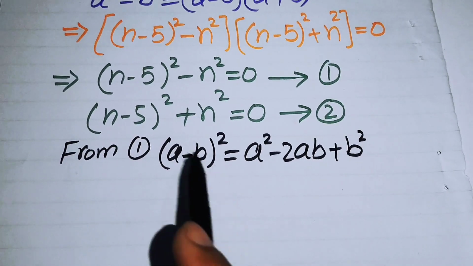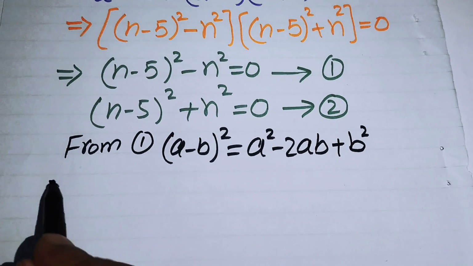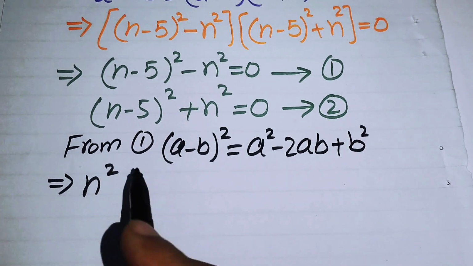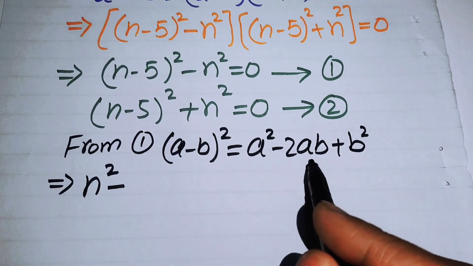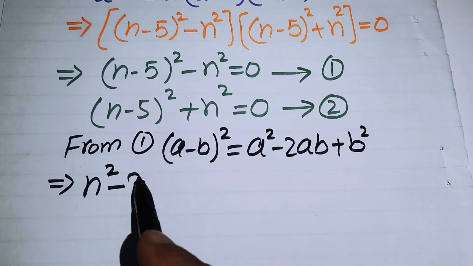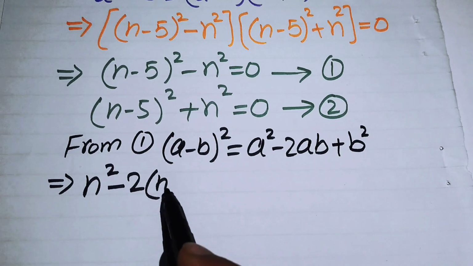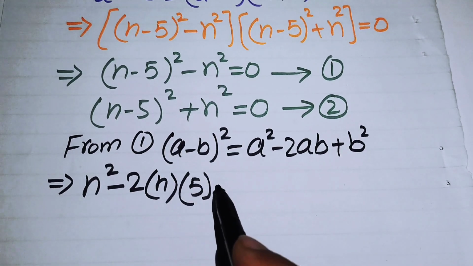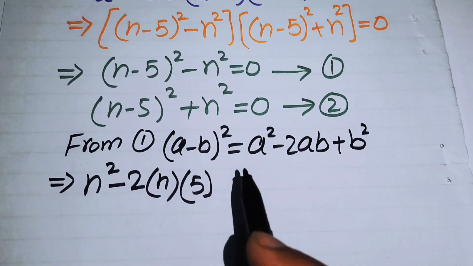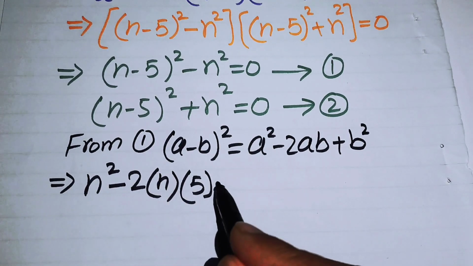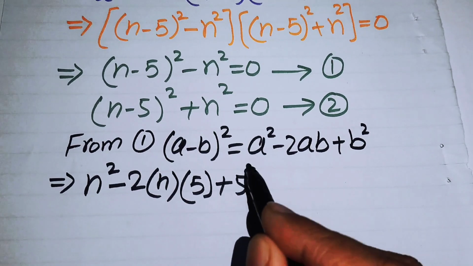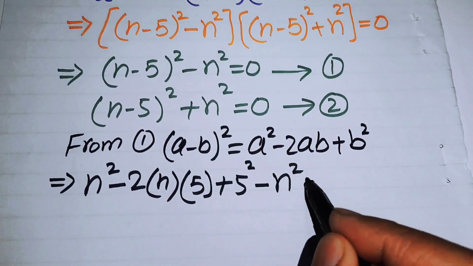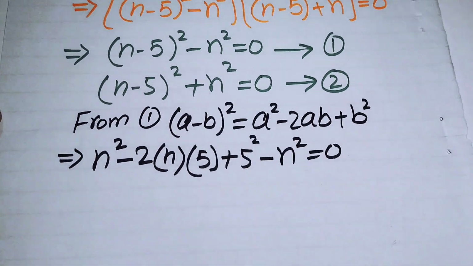So we use this formula on equation number 1, and we write it as n square minus 2 times n times 5, plus 5 square, minus n square, and it equals 0.